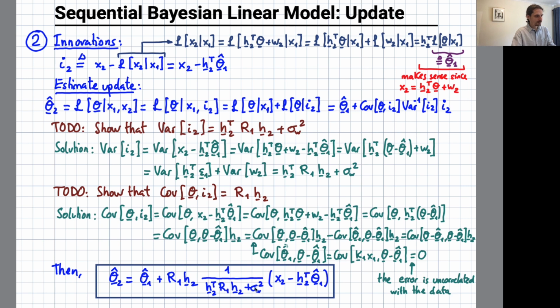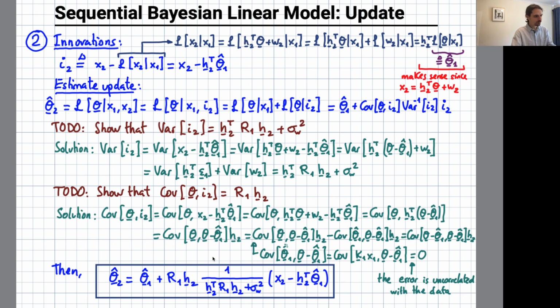So in that case, we see that this becomes negligible, and this quotient here between h2 and sigma w squared also becomes small. This means that the correction is small. That is, if the signal is weak at step 2, we barely correct our estimate from before.